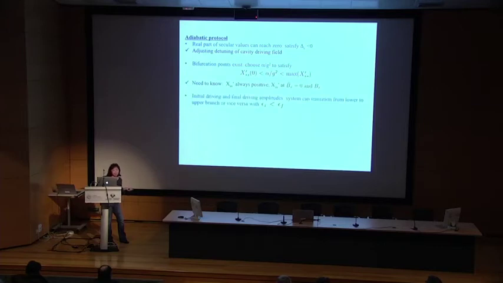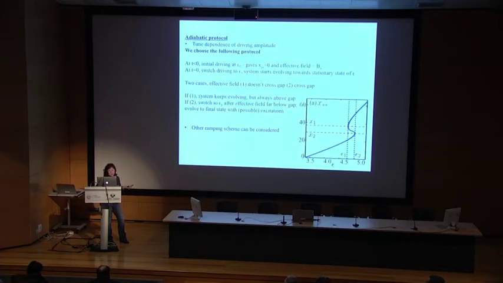Meanwhile, to have the system make a transition from one side of the gap to the other, we need the driving amplitude to satisfy this condition, which can also be satisfied by choosing a system parameter to meet this criterion. And finally, you need to select the proper cavity damping and detuning based on the real system you have. What would be a realistic system parameter? With this, we can study the time dependence in the system.